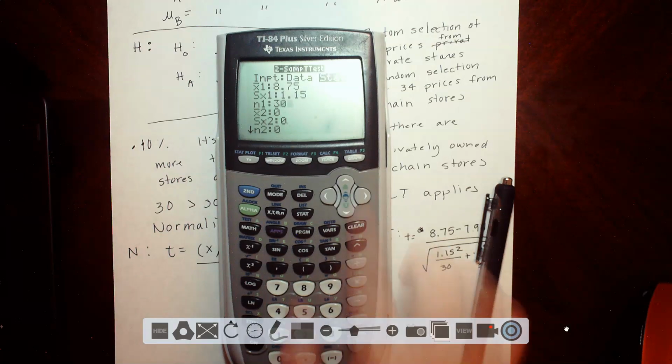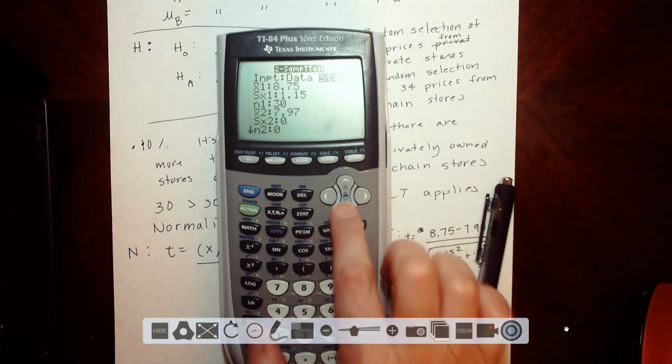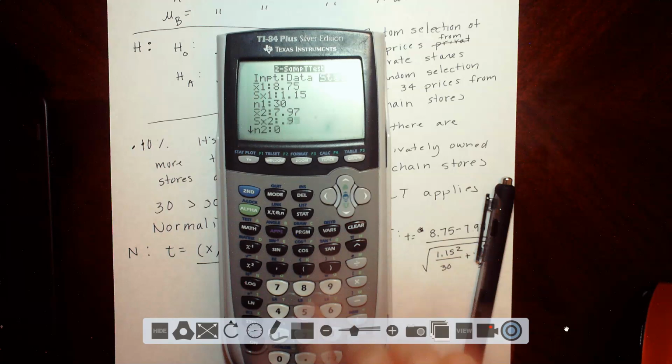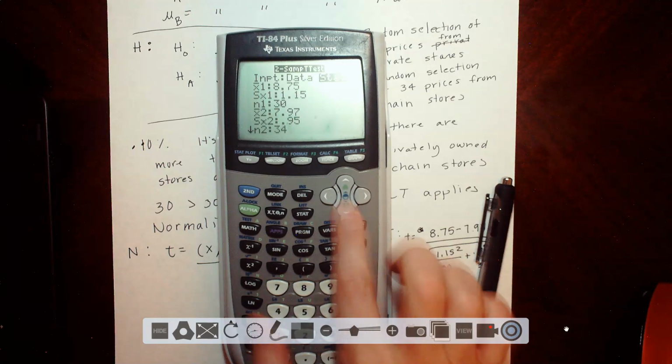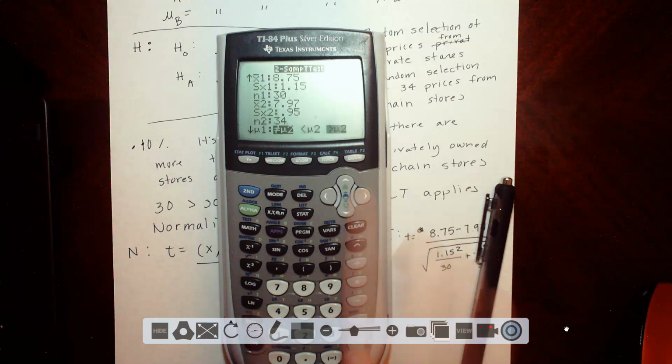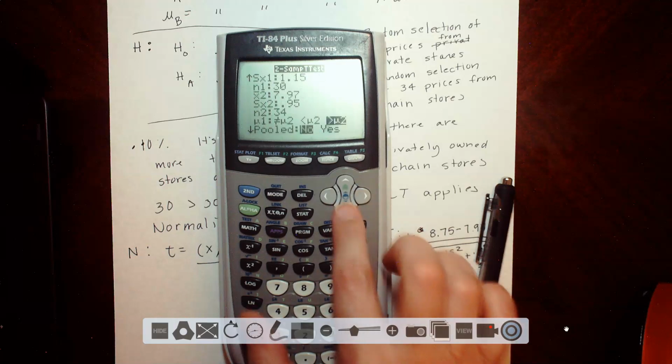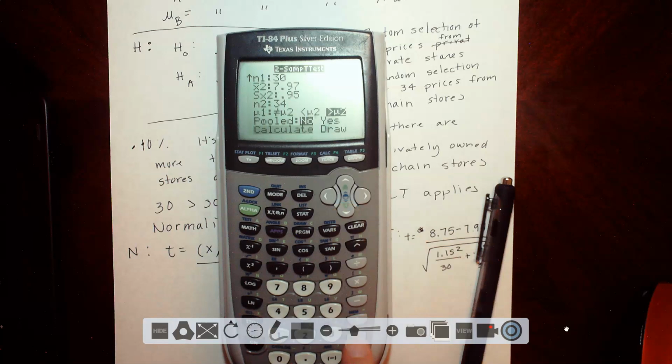That's 30. My second mean is 7.97, 0.95, and that's 34. I'm choosing greater than. You always choose no to pooling, just so you know, say no to pooling.